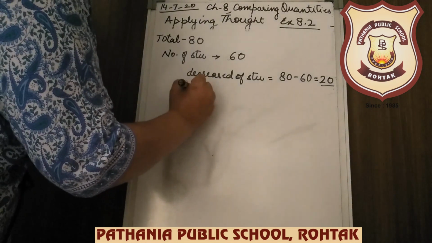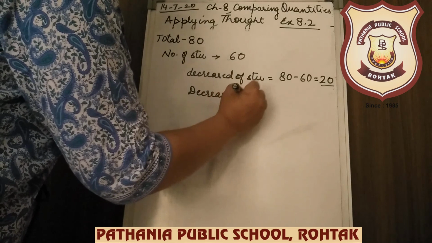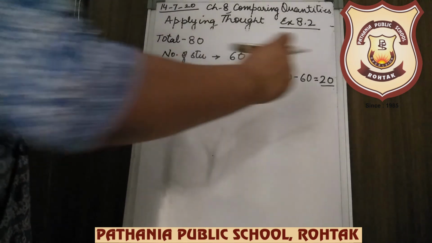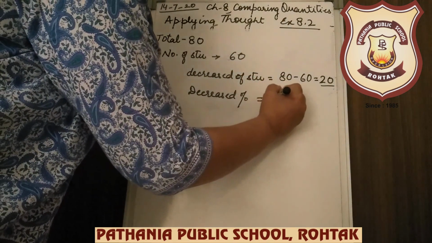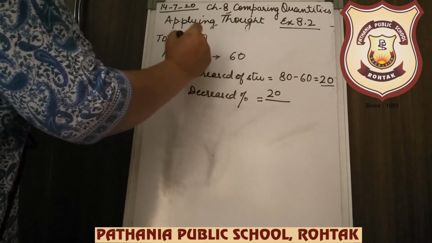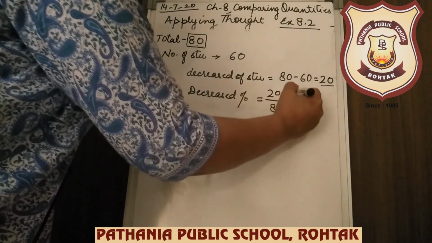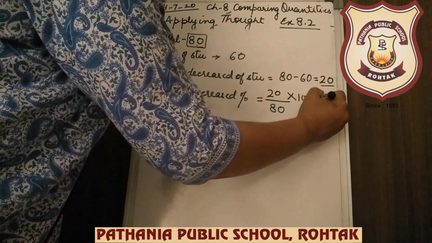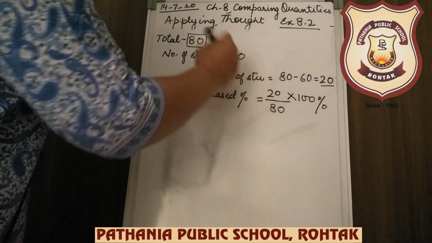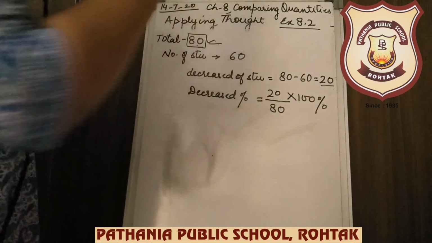Now you have to find the decrease in percentage. So decreased percentage is equal to 20, the decrease. You are comparing with the total; by it we come to know whether the quantity has increased or decreased. So this will come in the denominator and multiply it with 100%. That formula is going to be same. The only thing is that this was the original, the number which you were having in the beginning, by which you have compared.